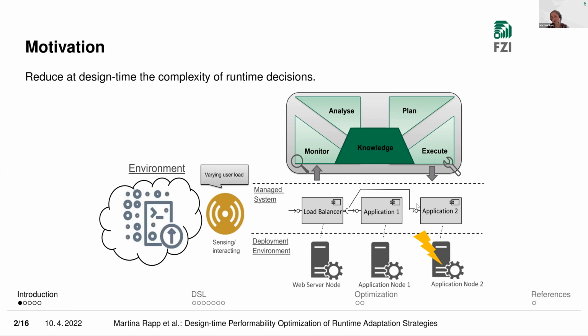And in contrast to the general approach, our design time strategies have an optimized runtime behavior by identifying promising adaptation strategy candidates in advance. We think that this results in an increased runtime convergence behavior of the adaptation strategies.